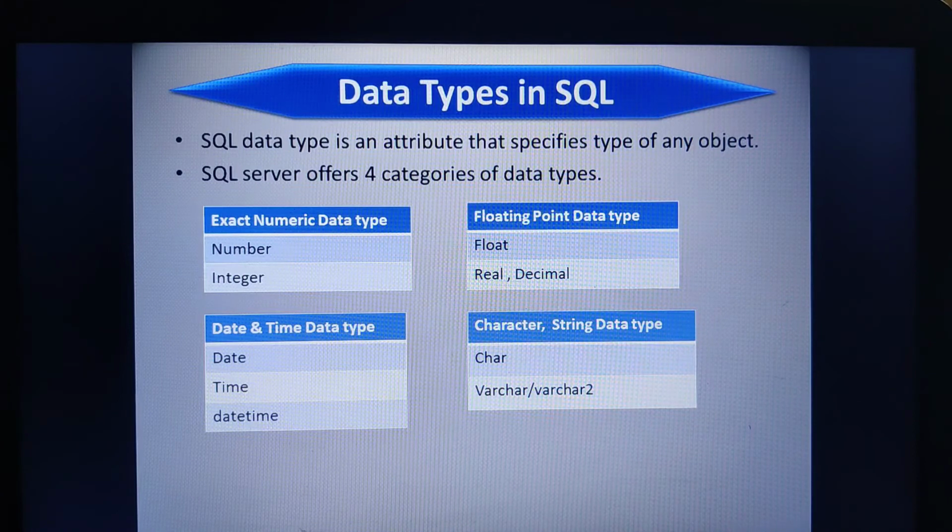Only 5 to 6 bytes of data, RAMESH, will be stored, and the rest of the bytes will be filled with blank spaces. Whereas if I declare the data type as varchar2 of 25 and store the name Ramesh, it will store 5 to 6 bytes as the letters RAMESH, and whatever memory space remains will be truncated. That means there will be no wastage of memory when I use varchar as a data type.